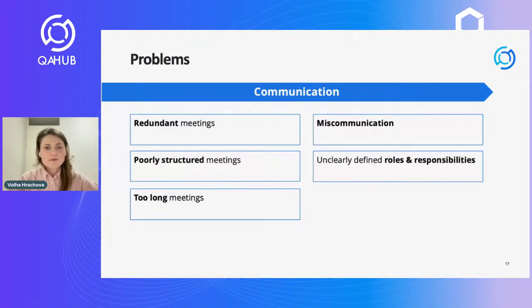Which problems do we have during the communication stage? I think the most common problem is miscommunication. We may have different expectations within the customer side and the development team, or between the team members. Another issue is unclearly defined roles and responsibilities.